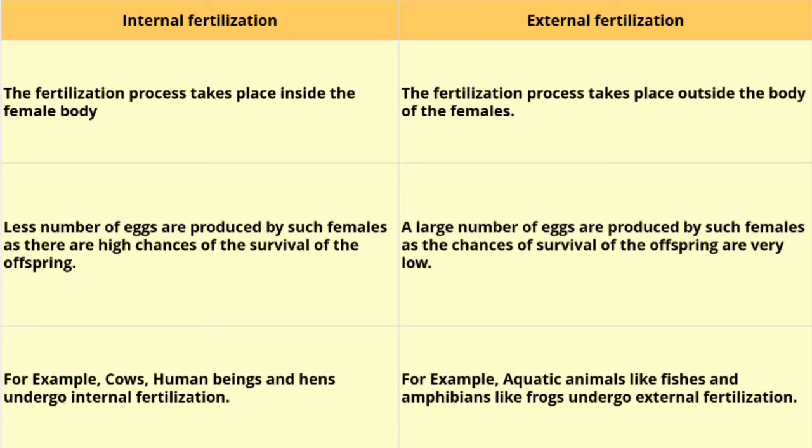For example, cows, human beings, and hens undergo internal fertilization, whereas aquatic animals like fishes and amphibians like frogs undergo external fertilization.